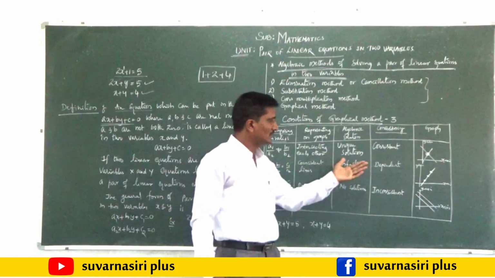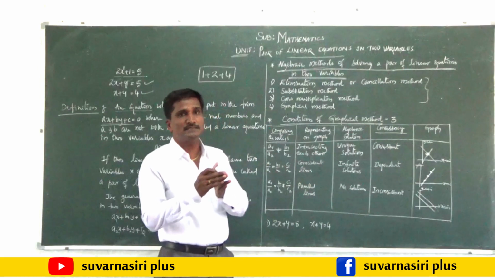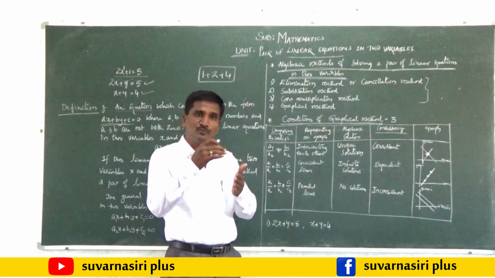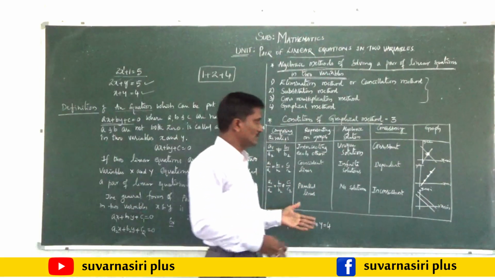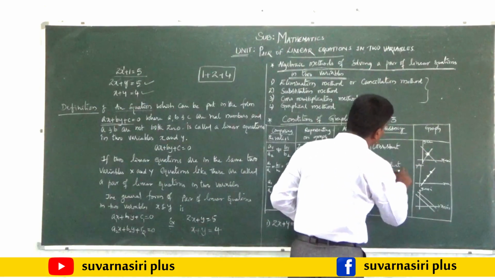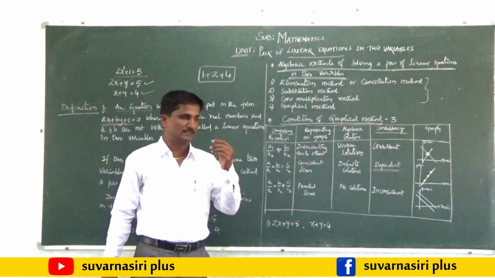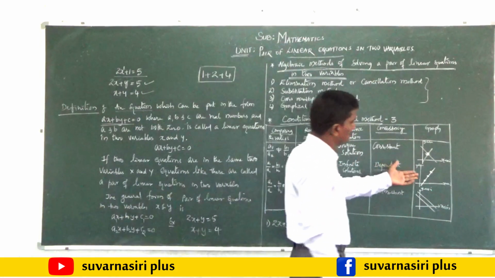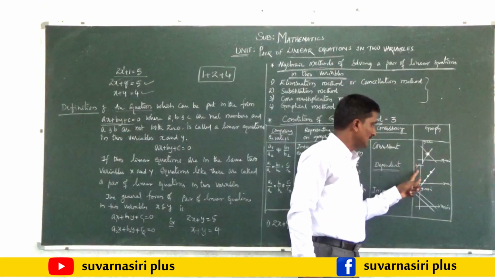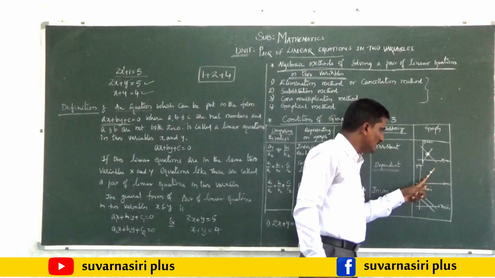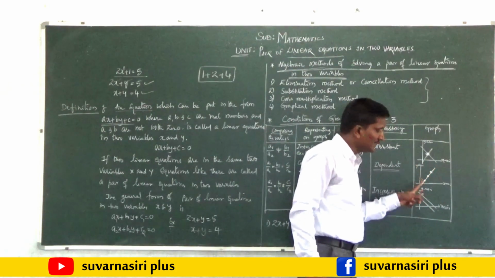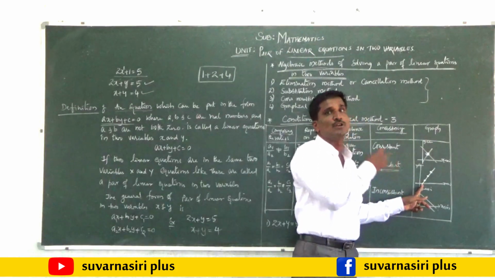Both lines are coincident, so each line has the same coordinates, meaning many solutions. For that reason they are called dependent, as both lines depend on the same coordinate points. The graph will look like this: x-axis, y-axis, the 2 lines are coincident, so in this line, 2 lines are there. Both the lines are overlapping.